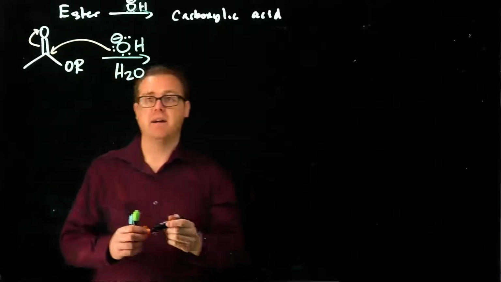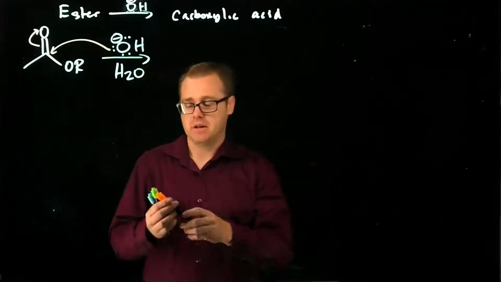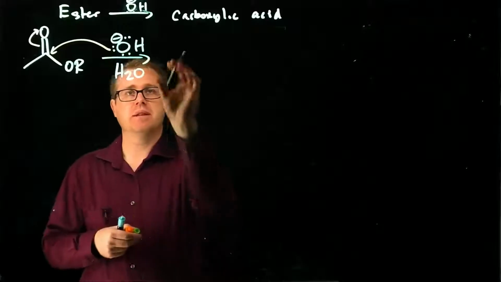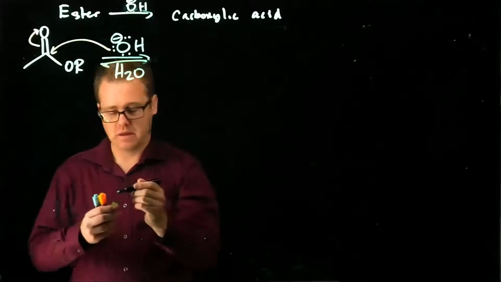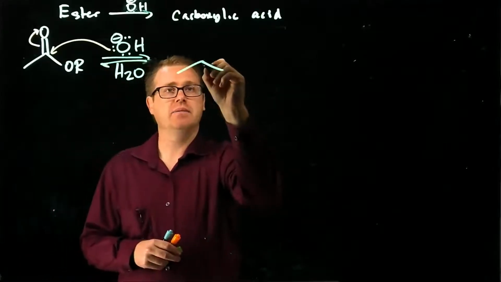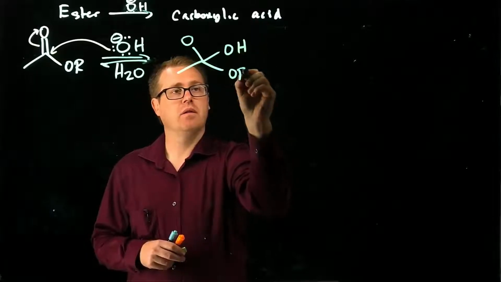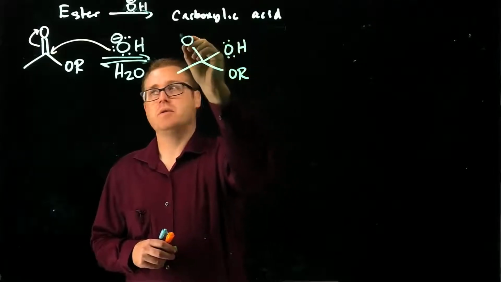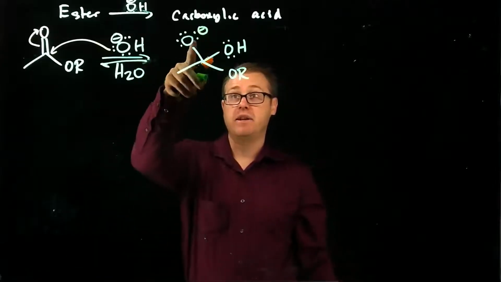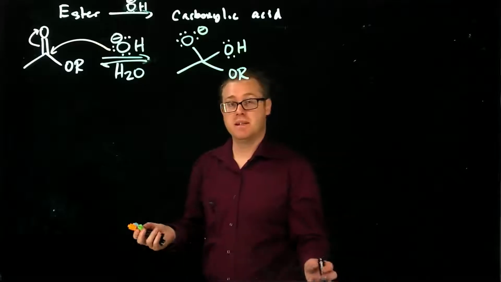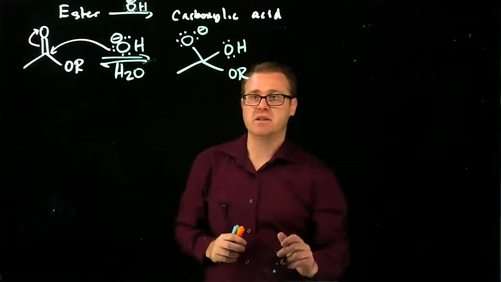We can have it directly attack the carbonyl carbon. Now, let's remember that these processes are all reversible. So what would we get? We would get this species. Now, is it okay that we generate a negative species or basic species? In this mechanism, yes, because we are under basic conditions.